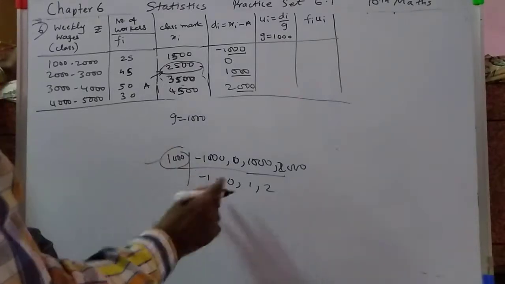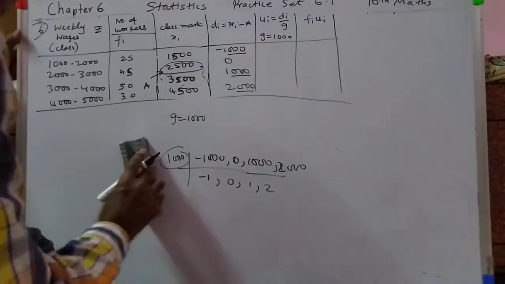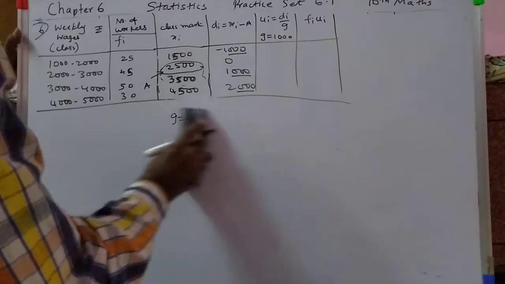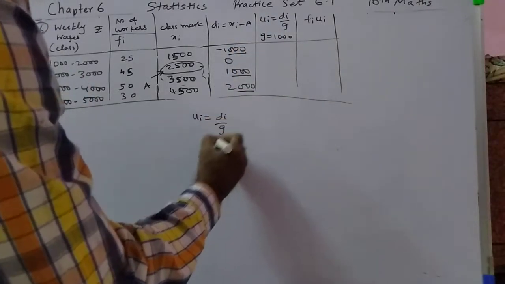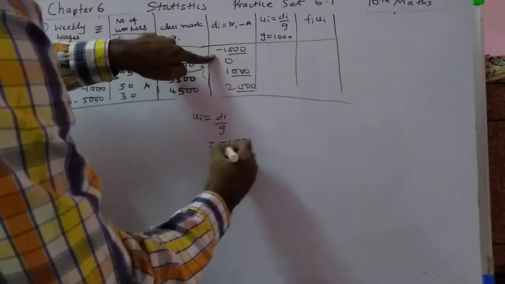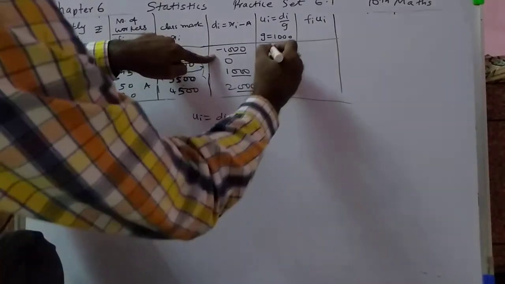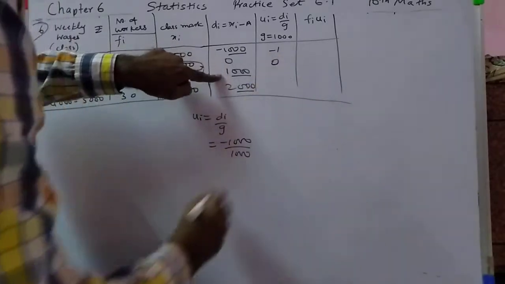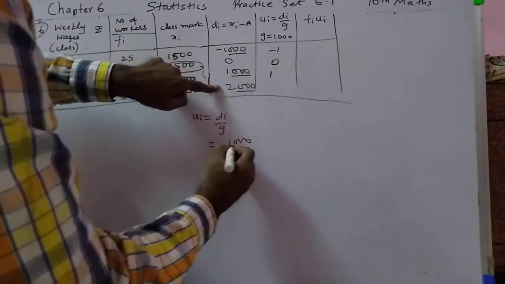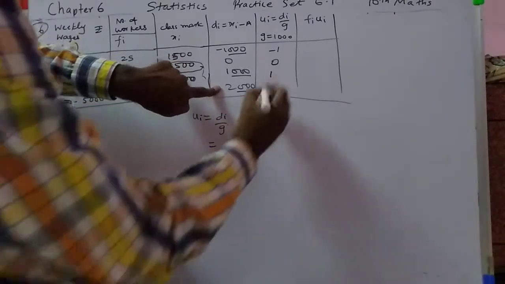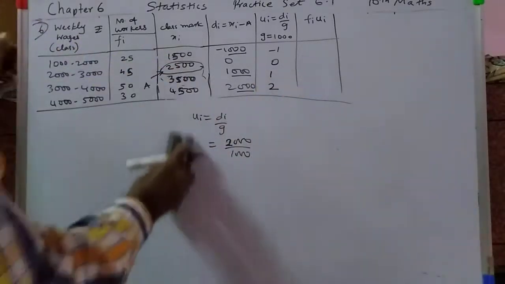So there is no common, means G will be 1000. So you have to divide it. ui is equal to di upon G. Minus 1000 upon 1000, that is minus 1. It is 0. And it is 1000 upon 1000, 1. And it is 2000 upon 1000, that is 2. That's all.